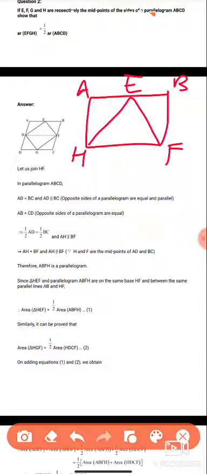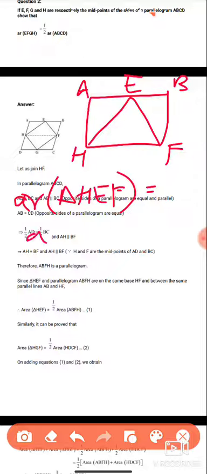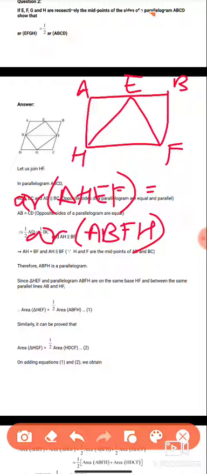So what will be the result? The areas of these two will be equal. So area of triangle HEF will be equal to area of parallelogram ABFH. These two areas will be equal. This is your result number 1.